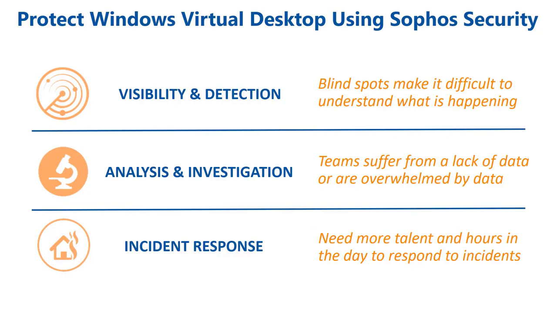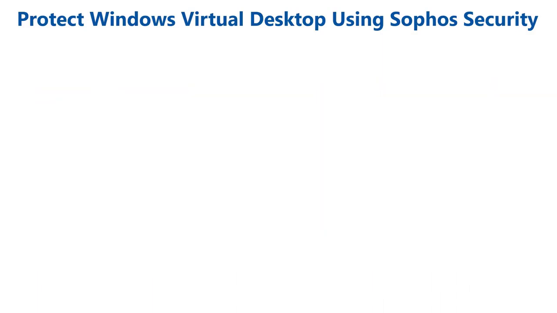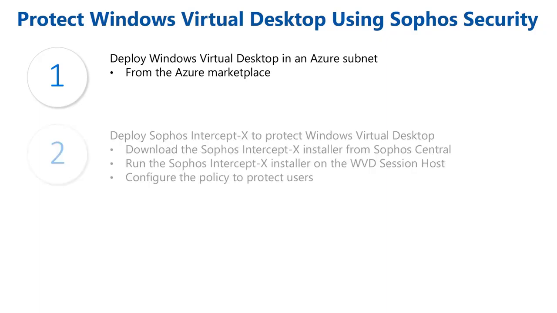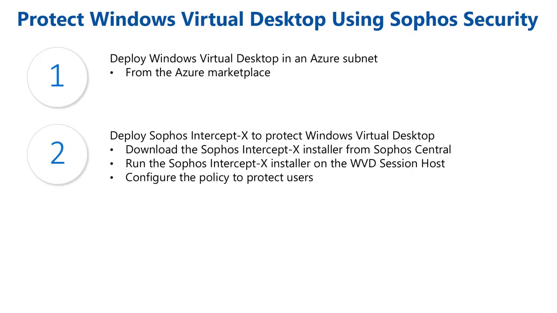So here's the value that the Sophos security solution brings to this service: visibility and detection, analysis and investigation, and incident response. Now to the demo. This will be a two-part video series. In the first part, I will deploy Windows Virtual Desktop into Azure, and then protect the session host using the Sophos Intercept X solution.